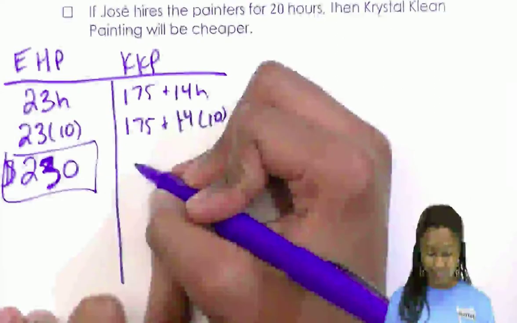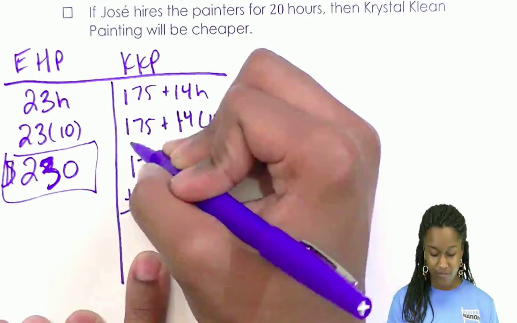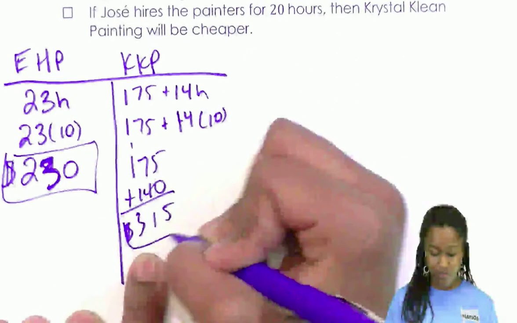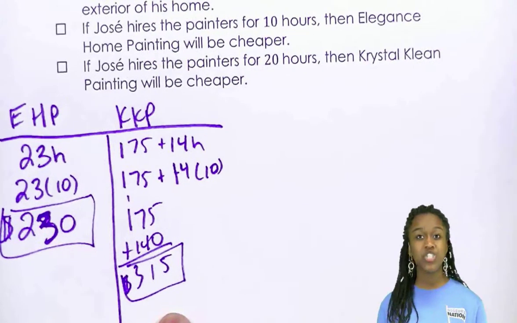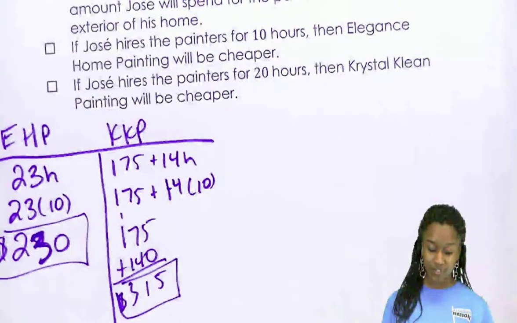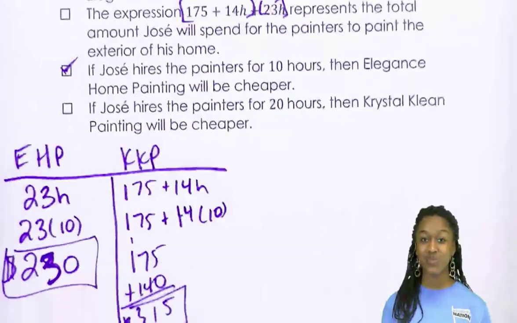And this gives us 175 plus 140, $315. So which one is cheaper? Elegance Home Painting. That means that this statement is true. We can select it as one of our answers.